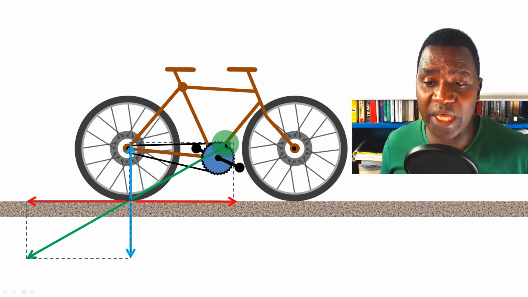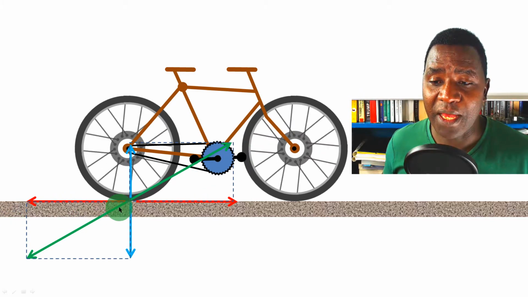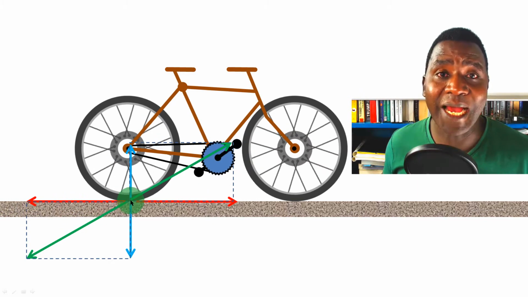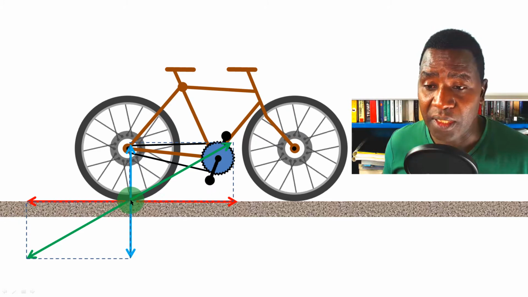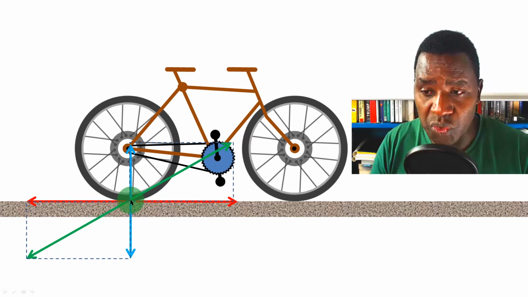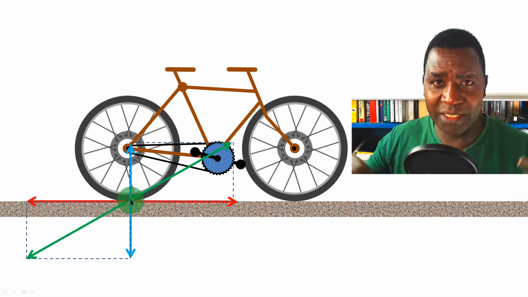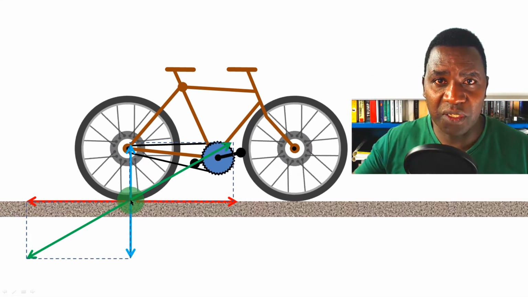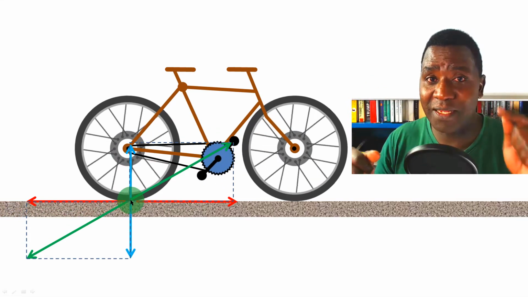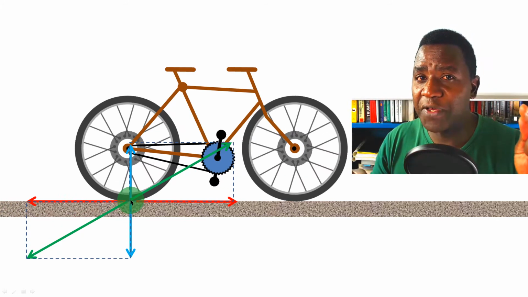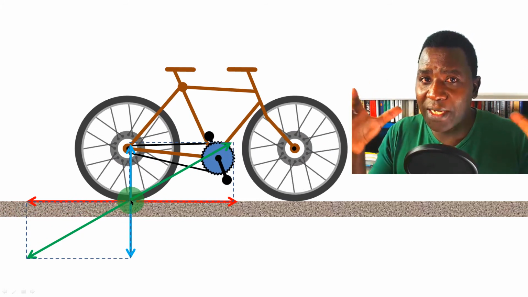Otherwise, when it comes to the contact forces at this point, they are exactly the same, because it is important to understand how it is that when a wheel rotates, the vehicle moves forward. You've got to understand that the wheel is rigidly fixed to the bodywork of the car.